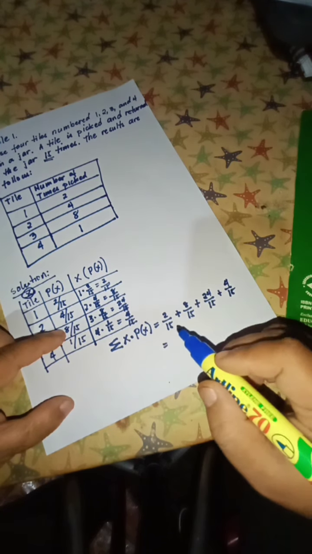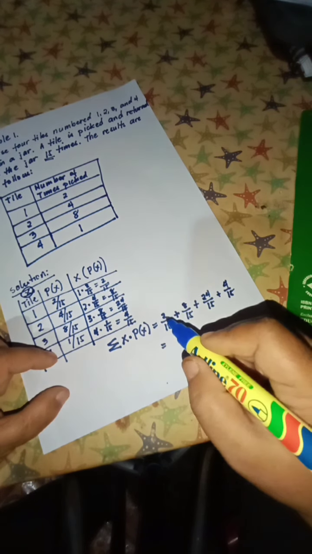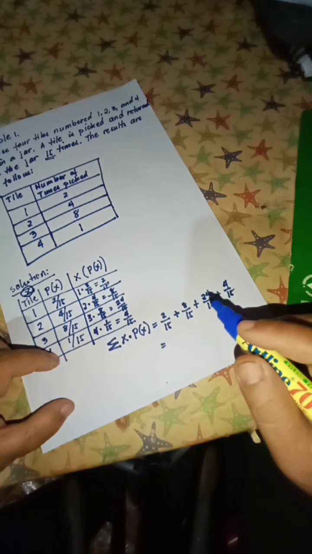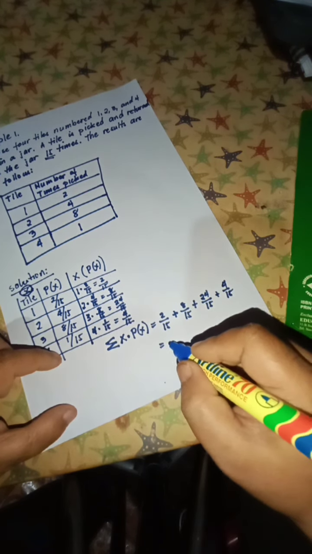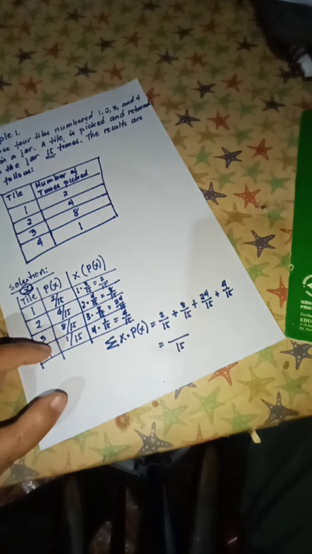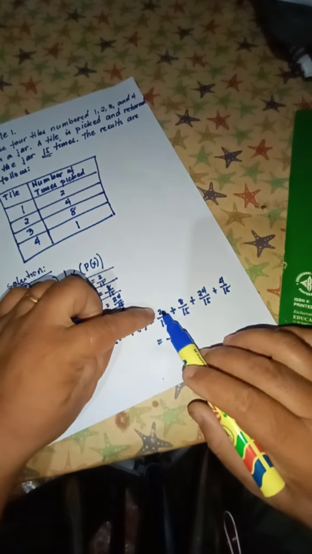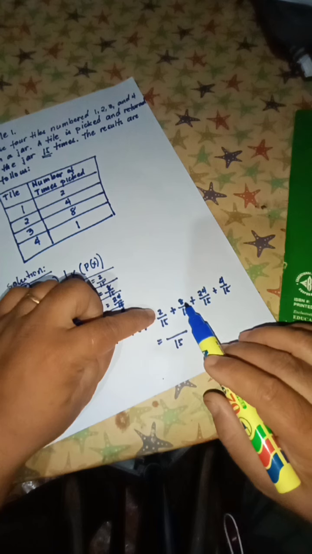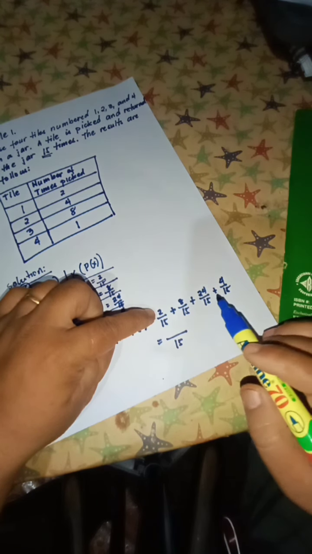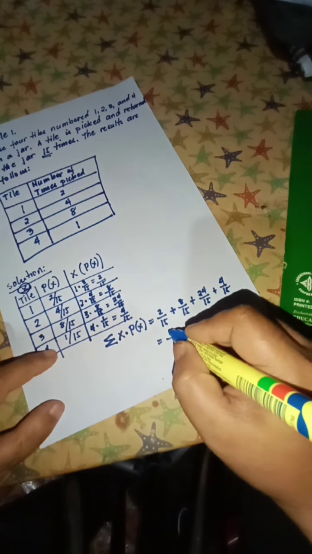As you can see, we have similar fractions, so all we have to do is add the numerators and copy the common denominator. So our denominator here would be 15, and then we add 2 plus 8, that would be 10, plus 24, that would be 34, plus 4 is 38.